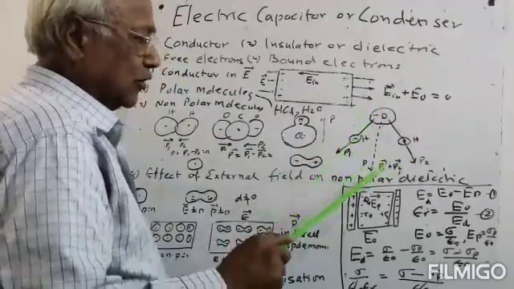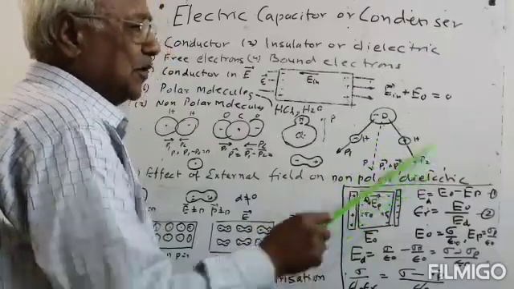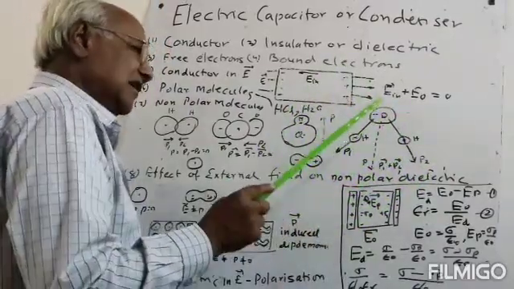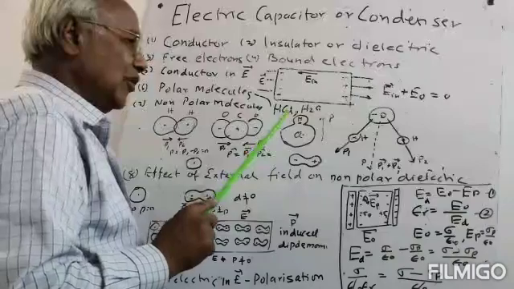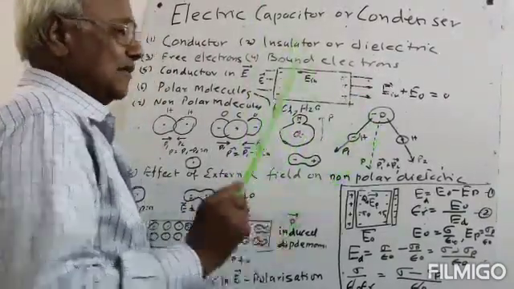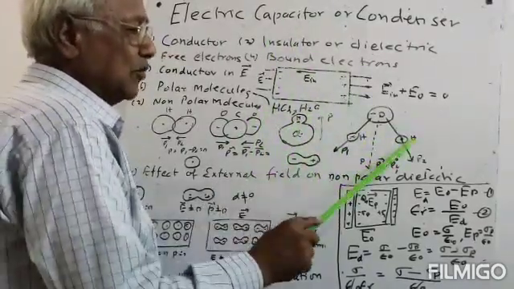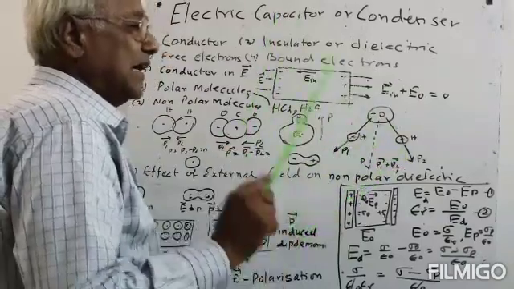So P will be equal to P1 plus P2 and this will not be equal to 0. This means the water molecule and the HCl molecule will have a dipole moment, and that dipole moment is a permanent dipole moment.